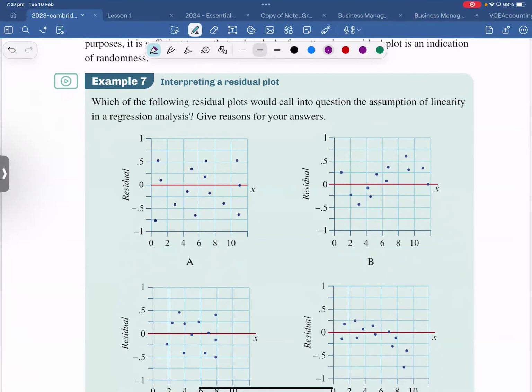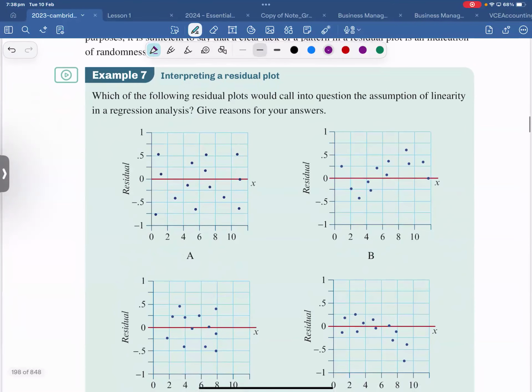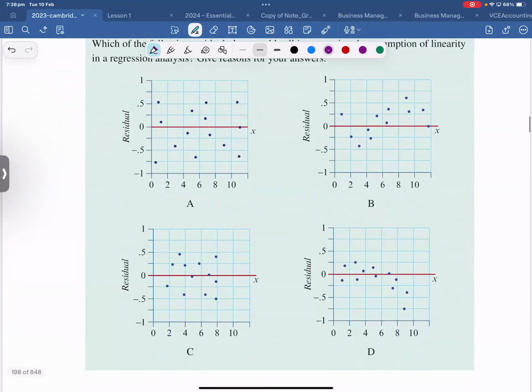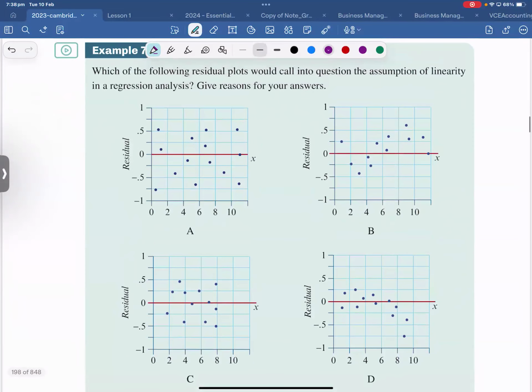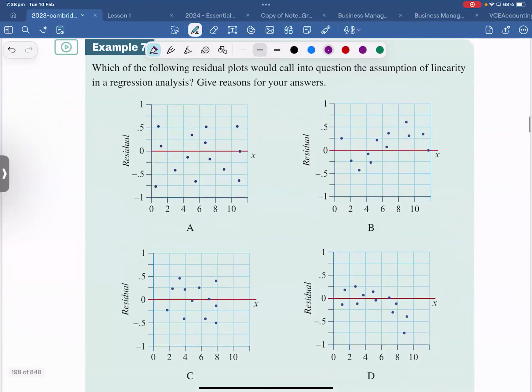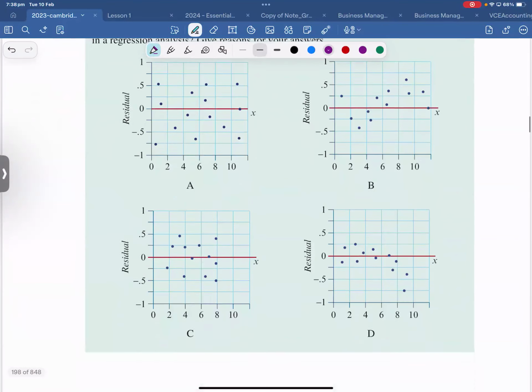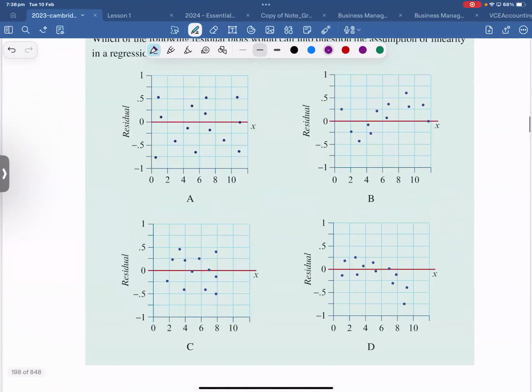What would you say for example 7? Which of the following residual plots would call into question the assumption of the linearity in a regression analysis? What would you say with A? A is linear.